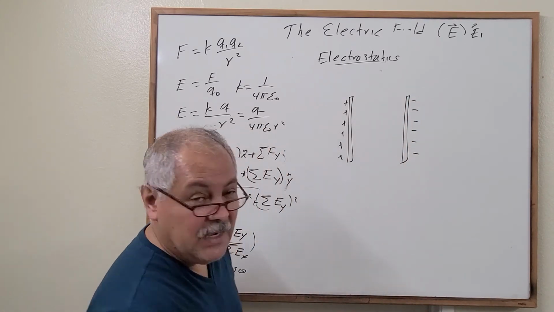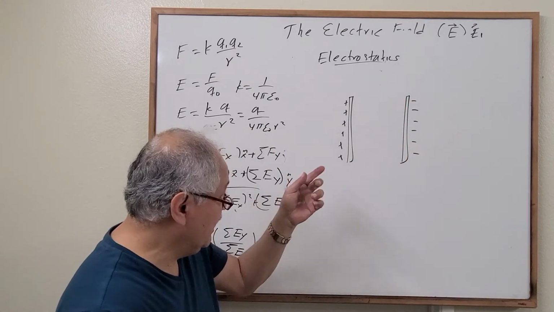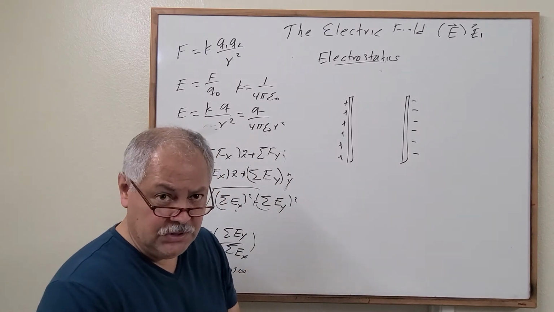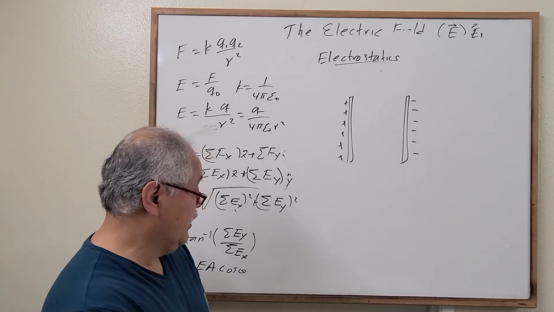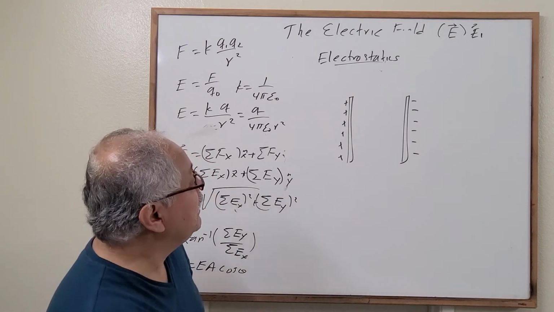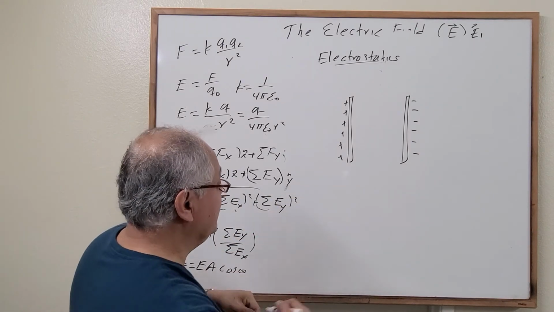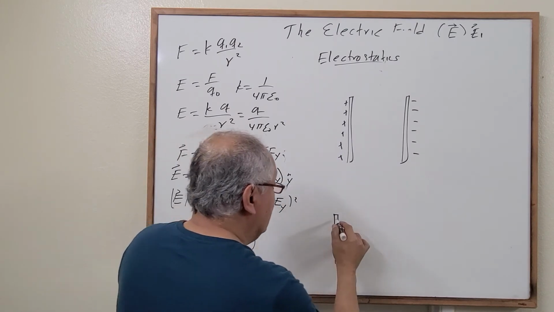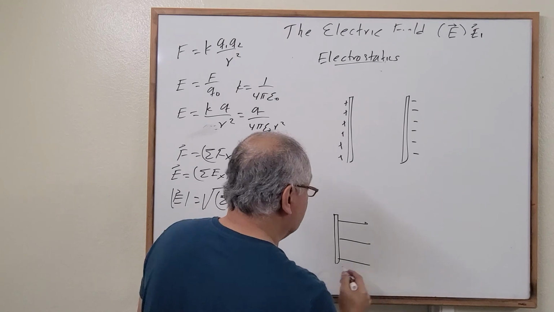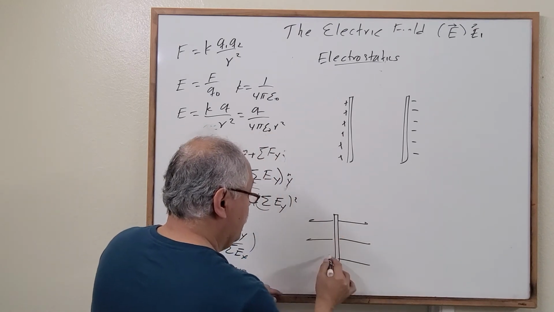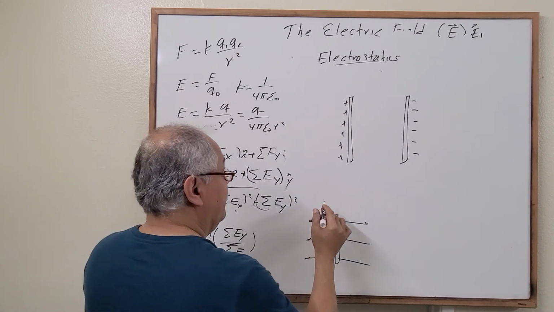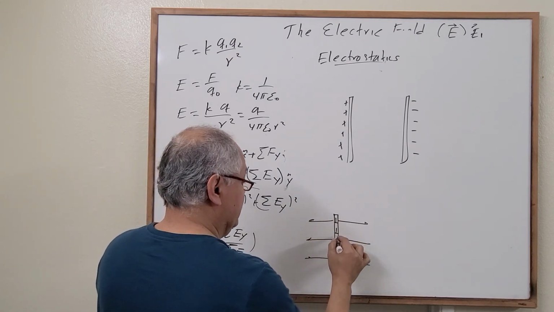They have the same area and the same charge to make it easier. Now, if we take only one plate, this plate is positive, so the lines of force go in this direction, in both directions.